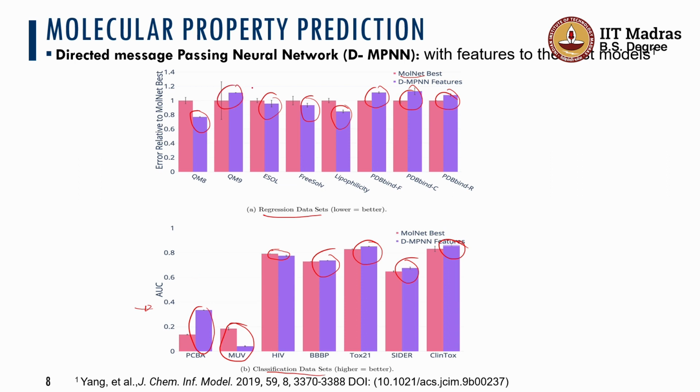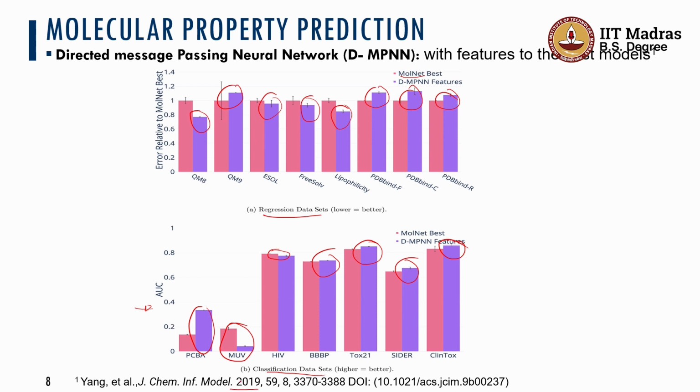And hence, we can see that DMPNN provides quite interestingly better feature engineering of the molecules and outperforms the best model in MoleculeNet.